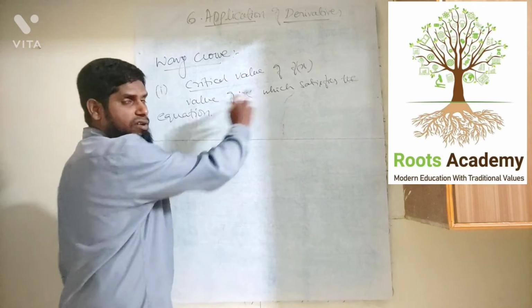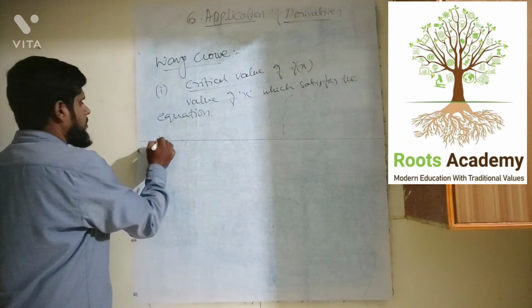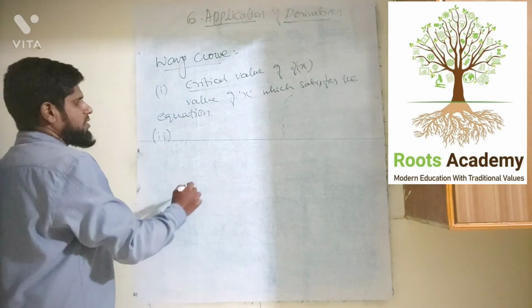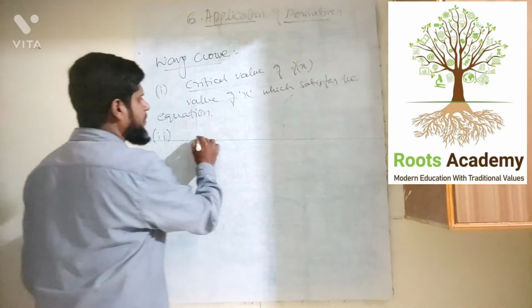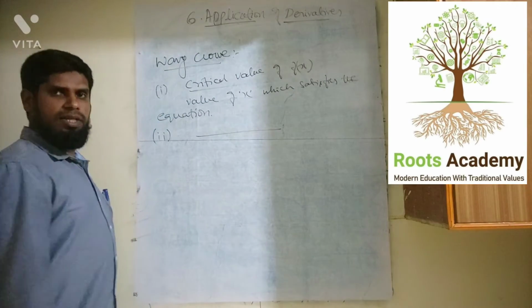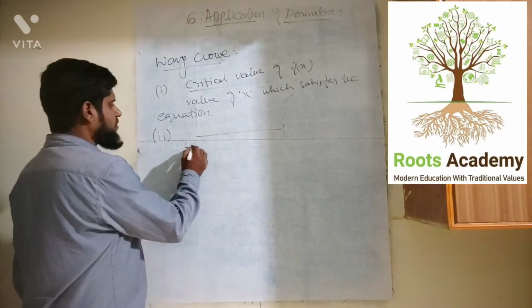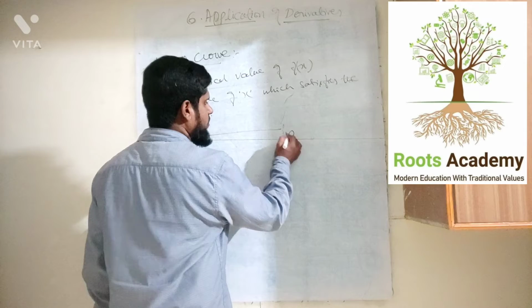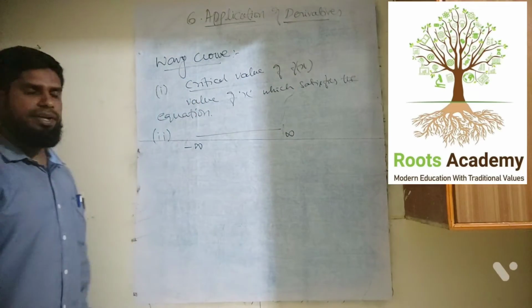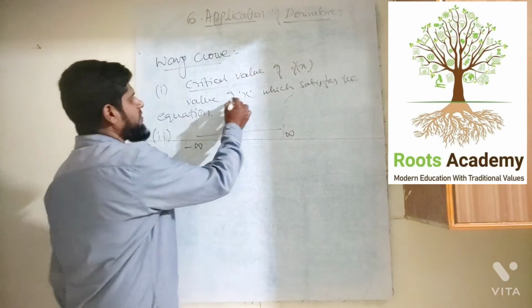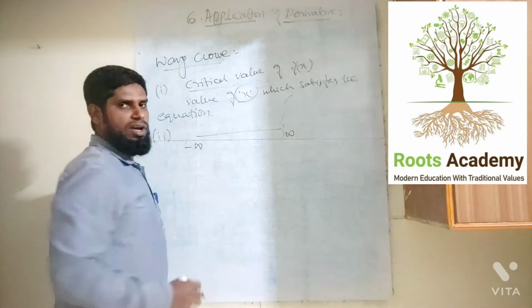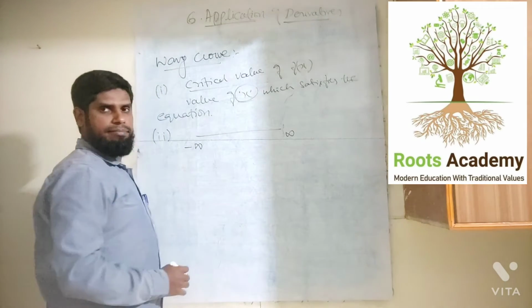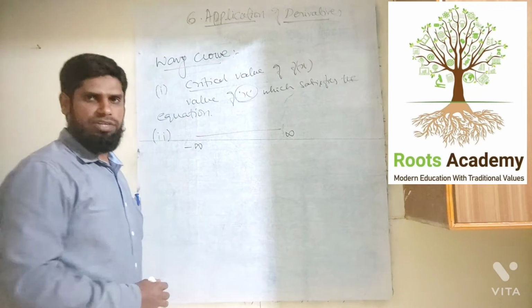After finding the critical values, the second step is, we should draw a number line. In this number line, towards our left-hand side it is minus infinity, towards our right-hand side it is plus infinity, and whatever critical value we got, that is the value of x, we should plot it here between minus infinity and plus infinity.